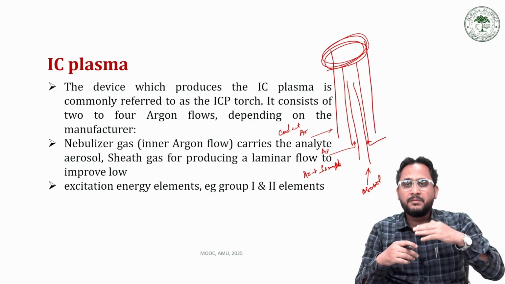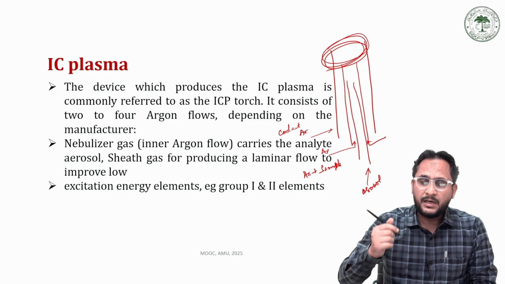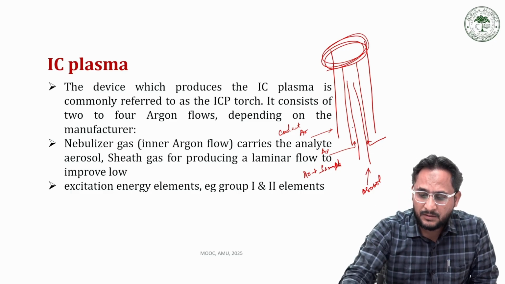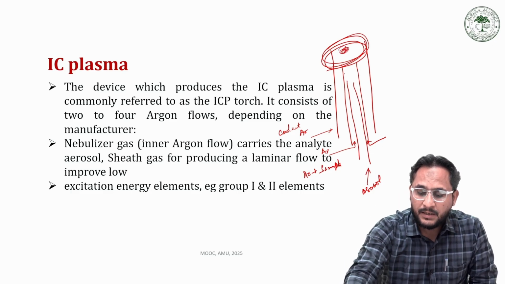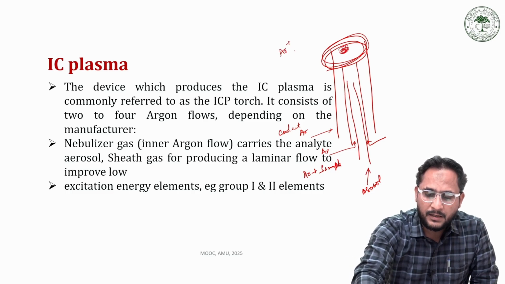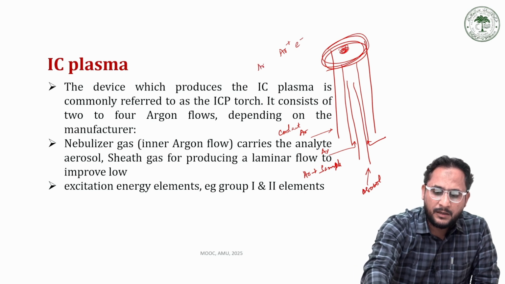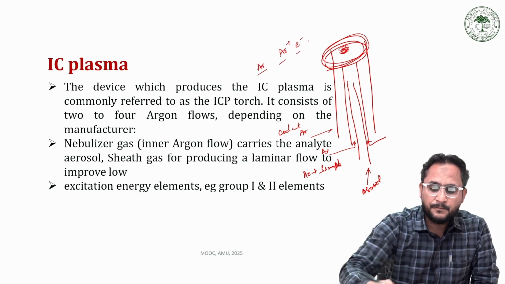So this oscillating magnetic field creates eddy current. Those eddy currents create very high temperature, and that very high temperature causes this auxiliary argon gas to ionize, forming Ar ions along with electrons. Although in the plasma there are some unionized Ar gas molecules as well.